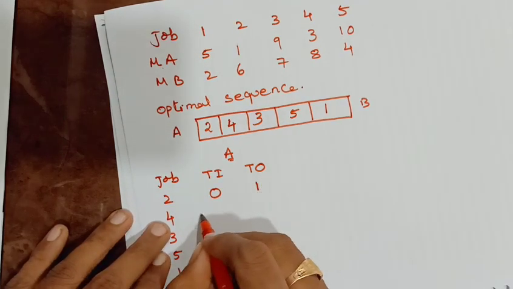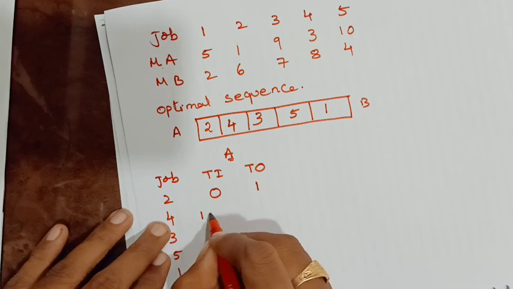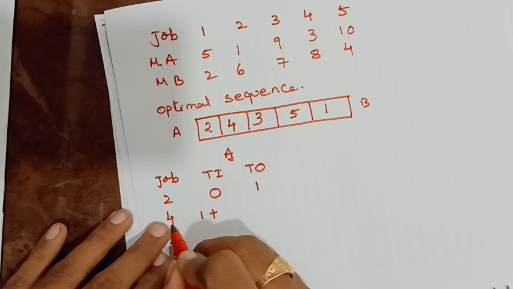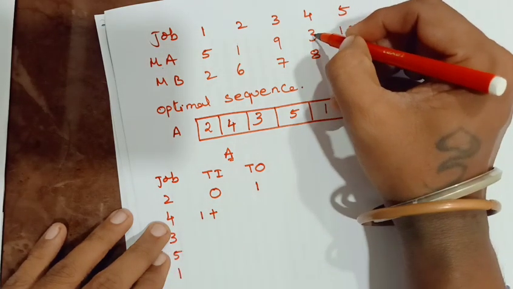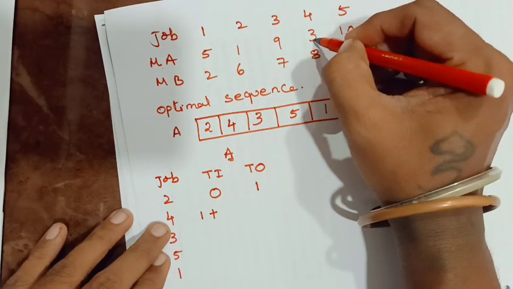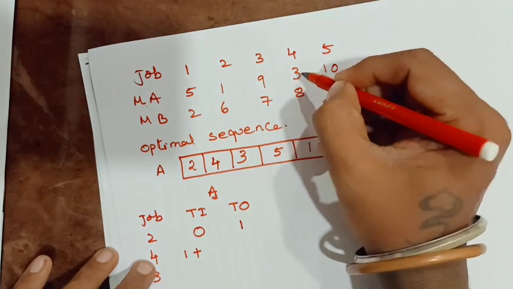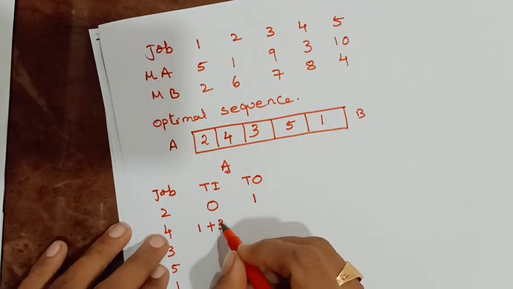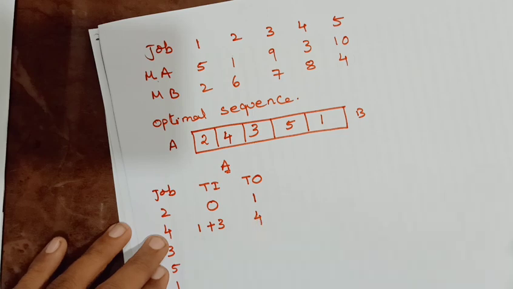For the next job, 1 plus the fourth job: machine A processing time is 3, so 1 plus 3 becomes 4.